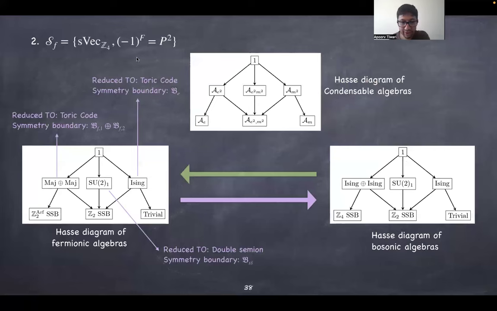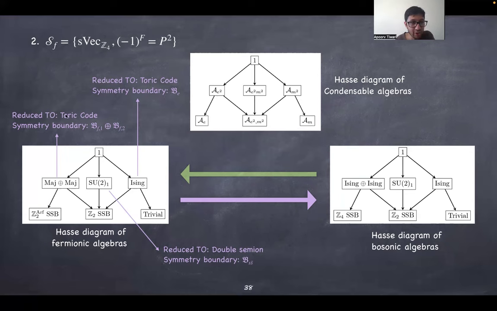Now let's move on to the Z4 case. Here, the Hasse diagram is given here. There are three maximal condensable algebras or Lagrangian algebras that correspond to three gapped phases. And then there are three non-maximal algebras that realize transitions between these gapped phases. So let's look at, for instance, this one, which is generated by E squared.